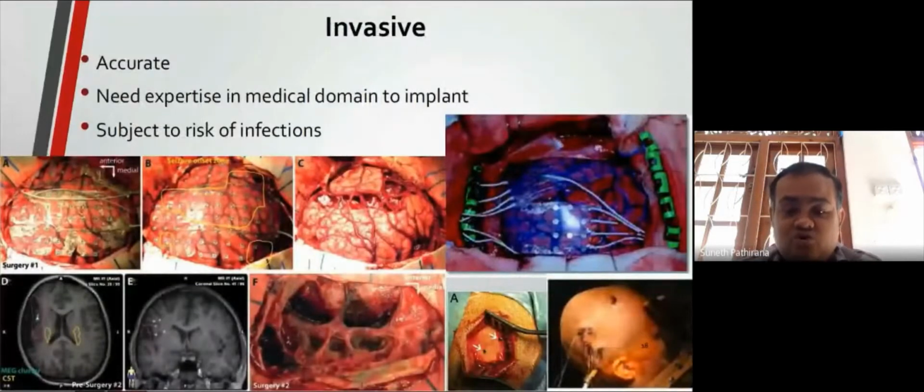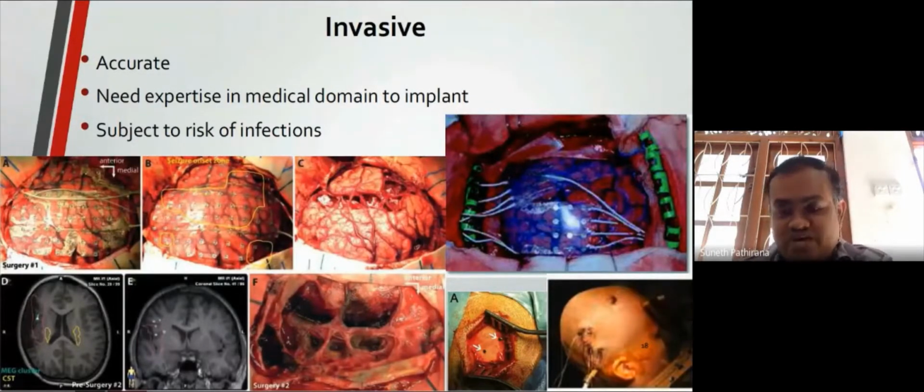We cut and open the scalp and place some sensors inside the head, inside the brain, touching the brain. This is what we call the invasive. This is more accurate and more effective, and the signals coming from these sensors are very prominent. That means they are very clear and very easy to amplify and improve.